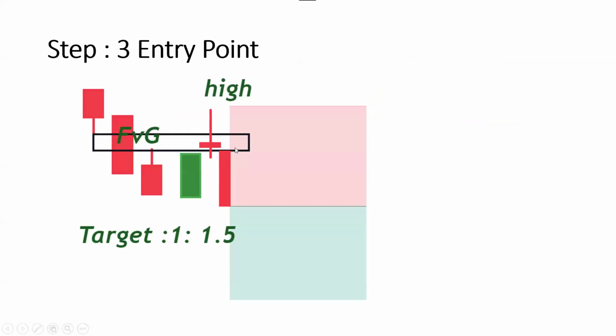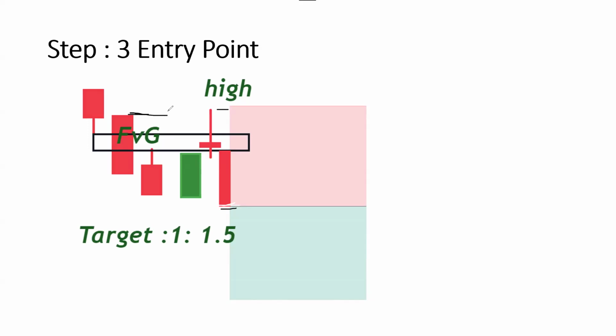The third step is like this. When the pattern comes to this gap area, we can go for a sell entry. For the sell entry, you can use this as our entry point. We can enter here, but your stop loss should be the recent high. Sometimes it might be this high, or you might have a fair value gap high.